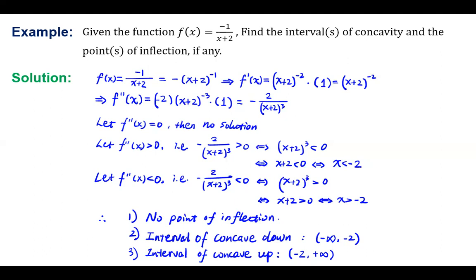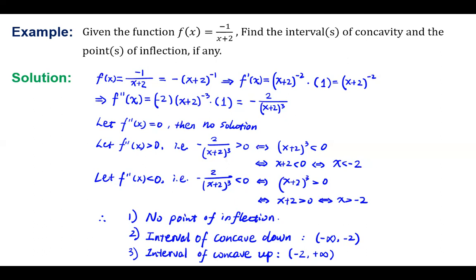Then, in order to find the intervals of concavity, that means concave up or down, we let the second derivative be greater than 0, which means -2 over (x+2) cubed is greater than 0. This is equivalent to (x+2) cubed must be smaller than 0, right?